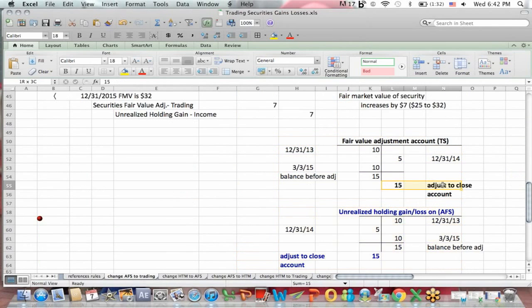So if I had to close these accounts, I knew what the ending balance was at 3.3, fair market value adjustment debit, unrealized gain credit. So if I close the entries, I know I need a credit for the fair value account and a debit to close the unrealized gain account. So that was what I did at the bottom of the page, and I've done it for some of the other examples you'll see later.